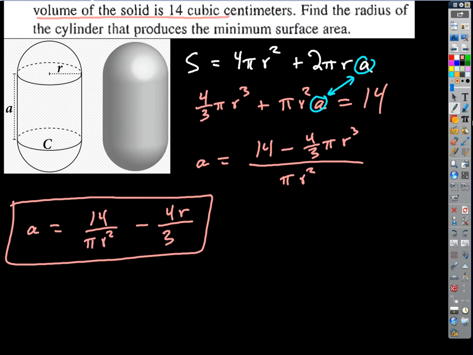Now we can substitute back in. If we plug that back in right here, what are we going to get then? So we get surface area equals 4 pi r squared plus 2 pi r times that whole thing.